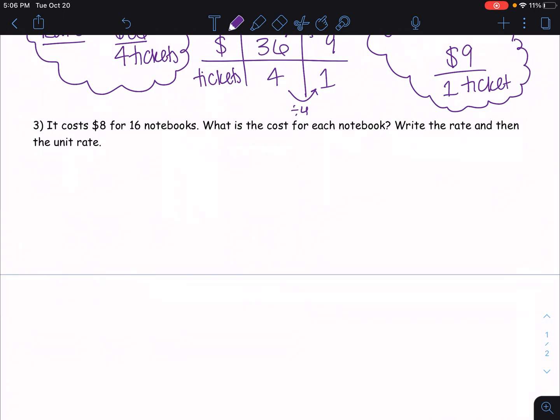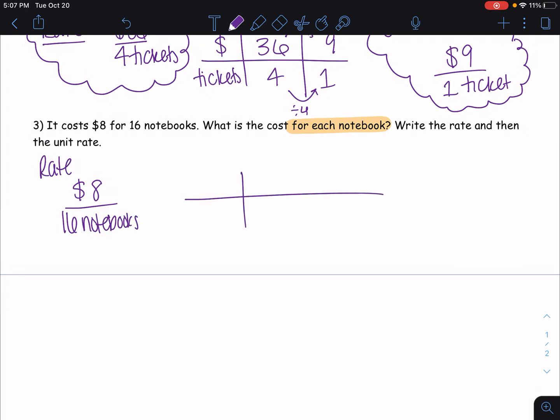For the last one, it's kind of tricky. So this says it costs $8 for 16 notebooks. What is the cost for each notebook? So I know that notebooks goes on the bottom. So when I write my rate, it's $8 for 16 notebooks. When I do my table, again, I've got cost and notebooks.